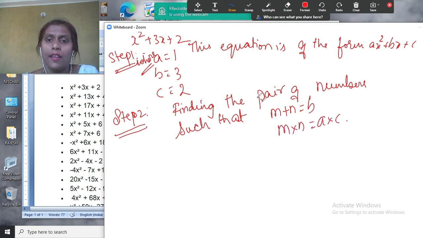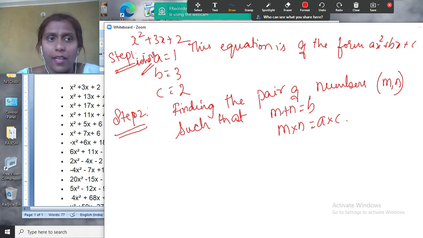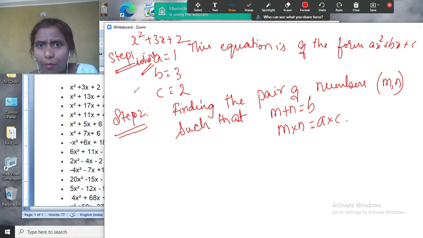Pair of numbers m comma n. So finding the pair of numbers m comma n such that m plus n, it can be of course minus also, is equal to b and m into n is equal to a into c. And here, m can be plus or minus m and n can be plus or minus n. It can be both plus or it can be both minus. Let me also put that plus or minus here and here, right?